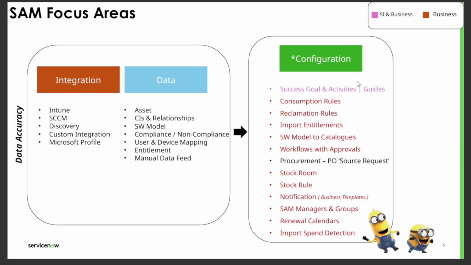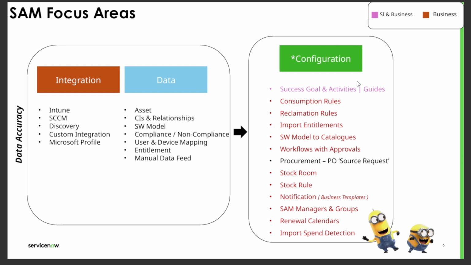Entitlement, the business will give you in Excel sheet format, and you need to import it. Normally the entitlement will not come via integration. The business already has some agreement, some perpetual-related information. They will share that information in this Excel sheet. Collect that Excel sheet and import it.